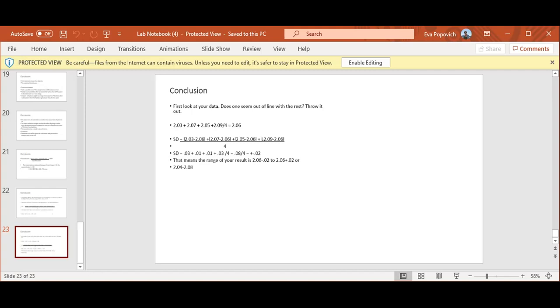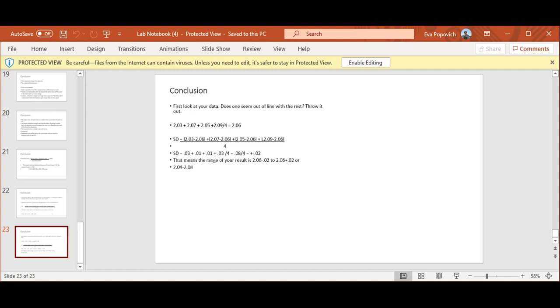My second one, minus the average, I have a positive 0.01. Third one, again, this is a negative number, but I'm going to add it as a positive. And I'm going to do the fourth one. I add up all those numbers, I get 0.08. I divide that by the total number of trials. That means that my standard deviation is plus or minus 0.02.